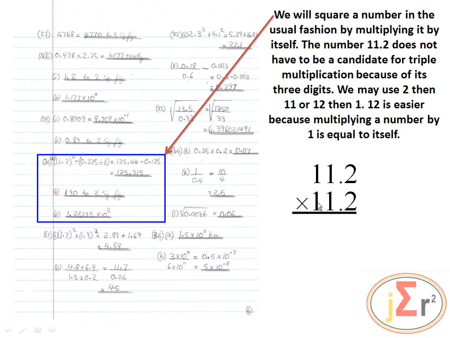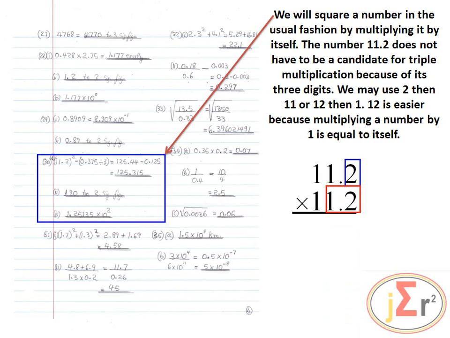So we may use 11.2 or 12.1. I am opting for 12.1 because multiplying by 1 is easy. Any number multiplied by 1 is equal to itself. So 12 is easier because multiplying by 1 is equal to the same number that you are multiplying.